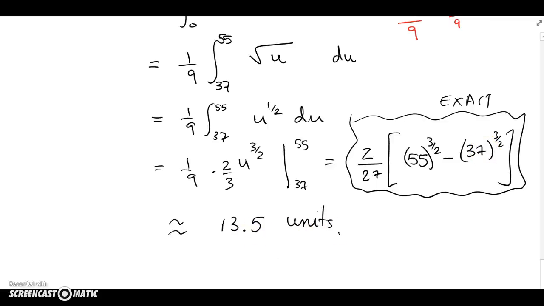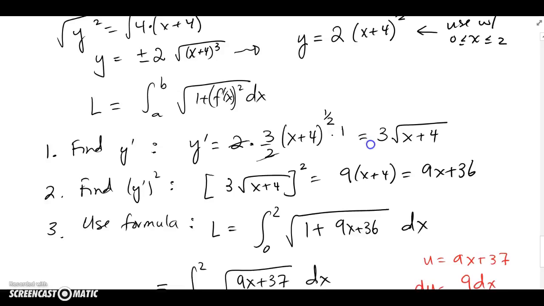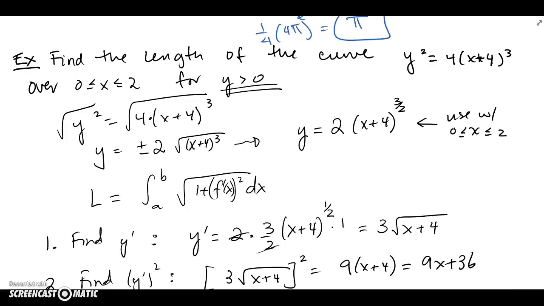And I'm going to go back and look at what this looks like on my TI. So we had something that was not a function, y is a function of x. We isolated y and kept the top half of it because they said for y greater than 0.